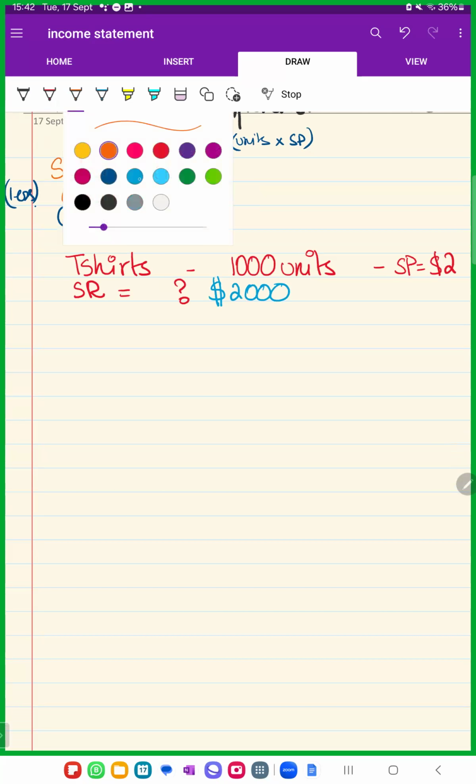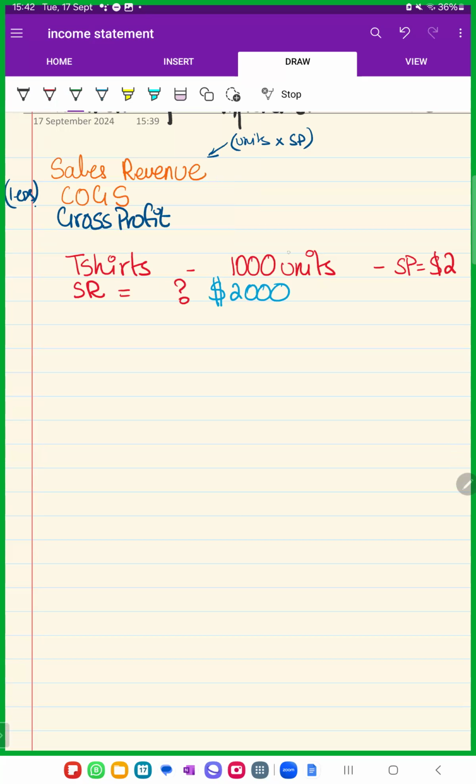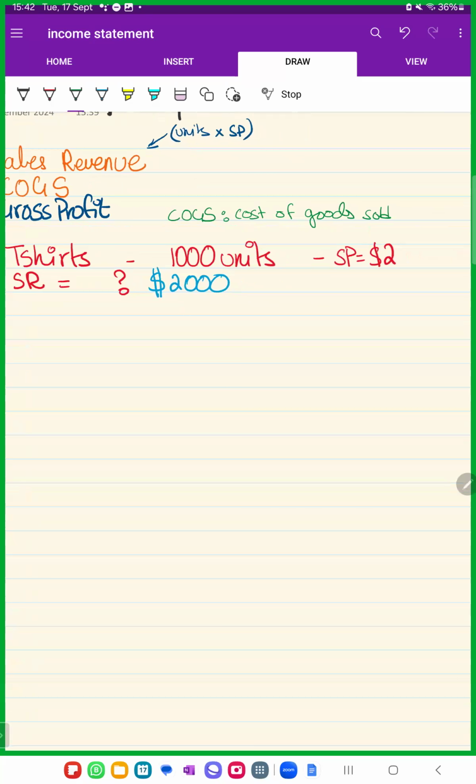Okay. But in order to make those 1,000 t-shirts, I had to purchase materials; this is the cost of goods sold. We sold 1,000 units. What was the cost of making these t-shirts? $300.